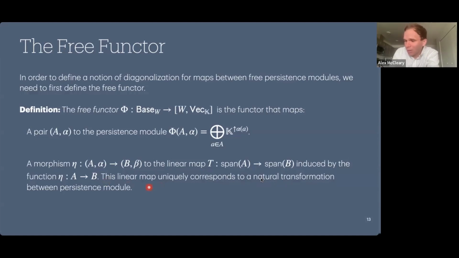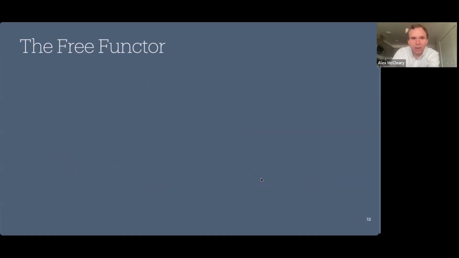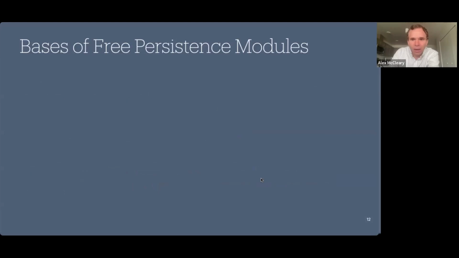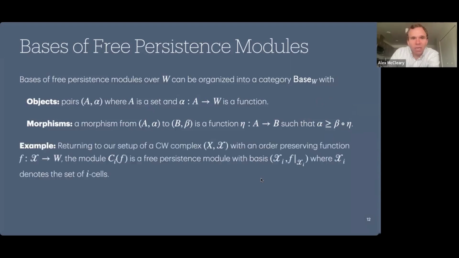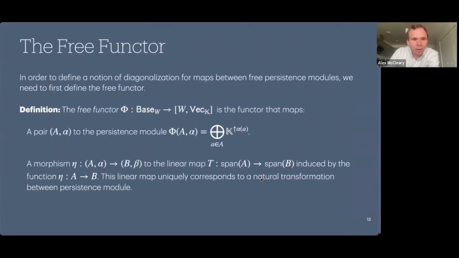This map, because eta does have some extra structure, right? We know that eta, if we go back here, satisfies this condition here. So because of that, this linear map up here is going to induce a natural transformation between the two persistence modules.